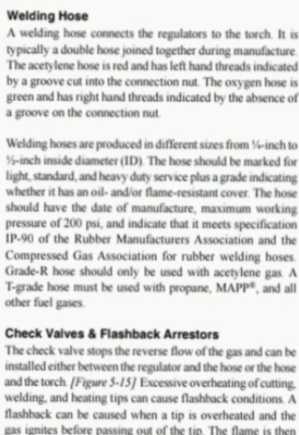The hose should have the date of manufacture, maximum working pressure of 200 psi, and indicate that it meets specification IP90 of the Rubber Manufacturers Association and the Compressed Gas Association for rubber welding hoses. Grade R hose should only be used with acetylene gas. A T-grade hose must be used with propane, MAP, and all other fuel gases.